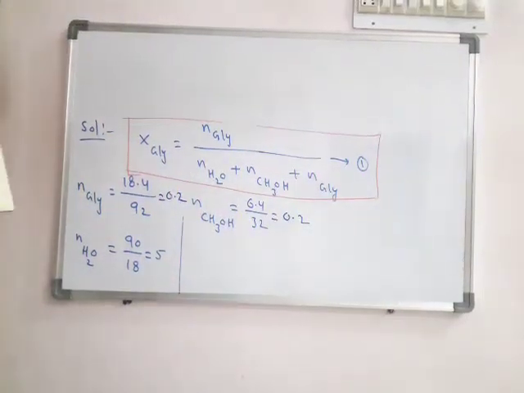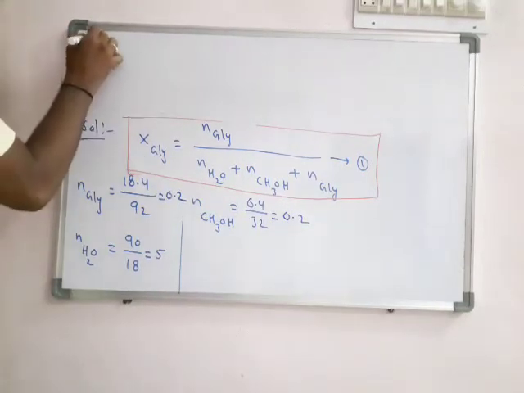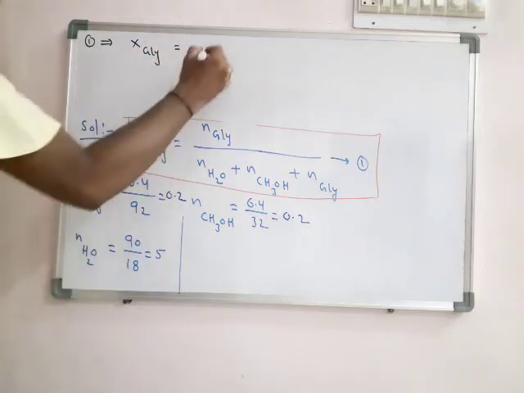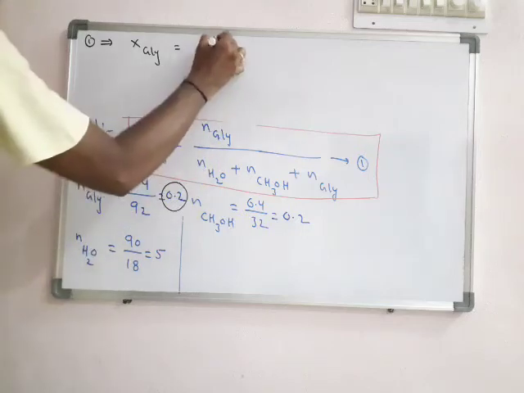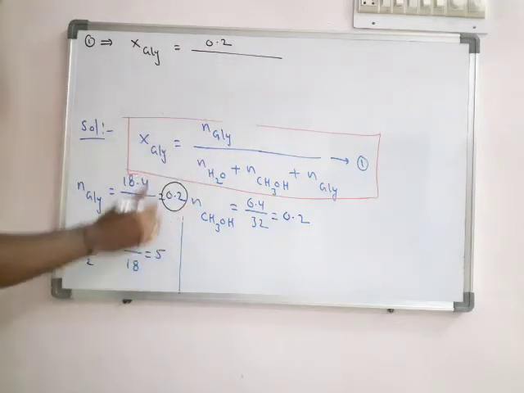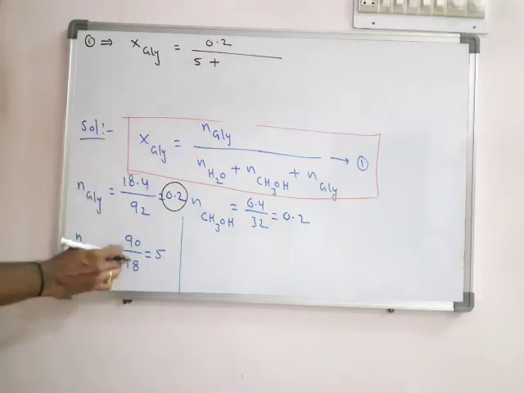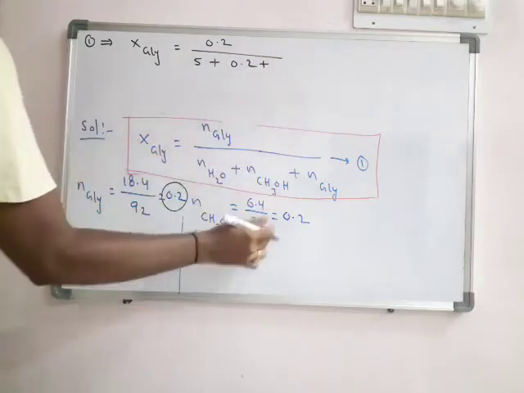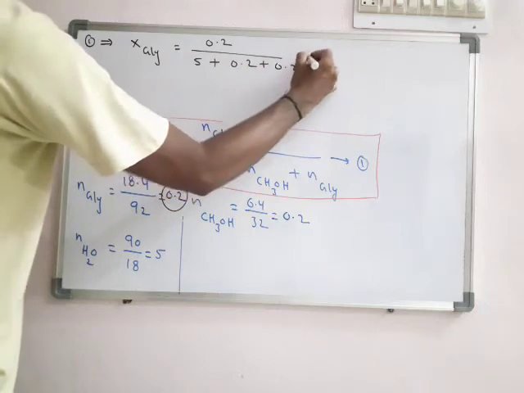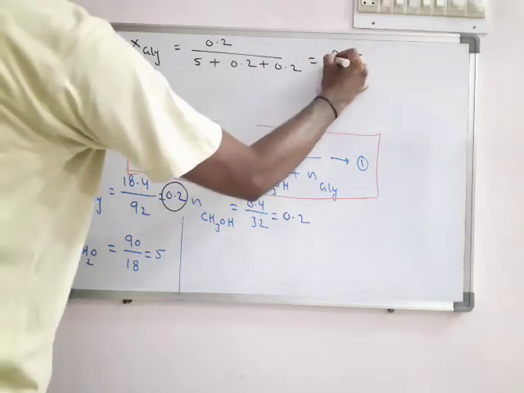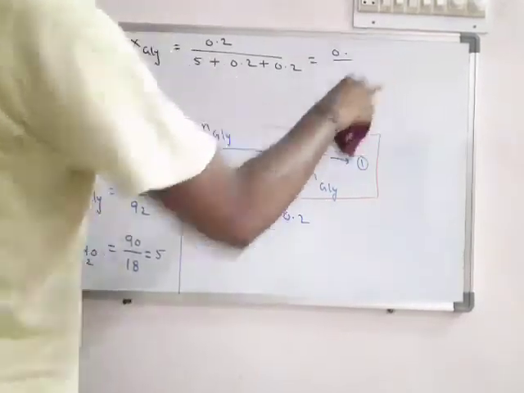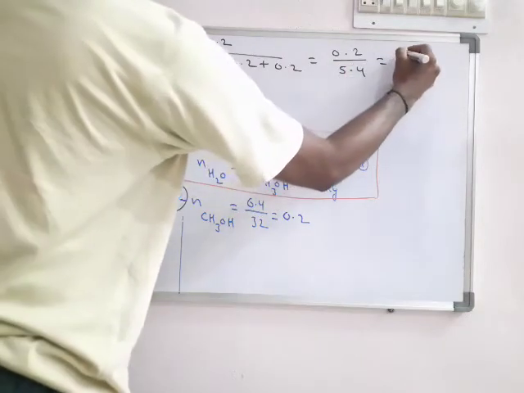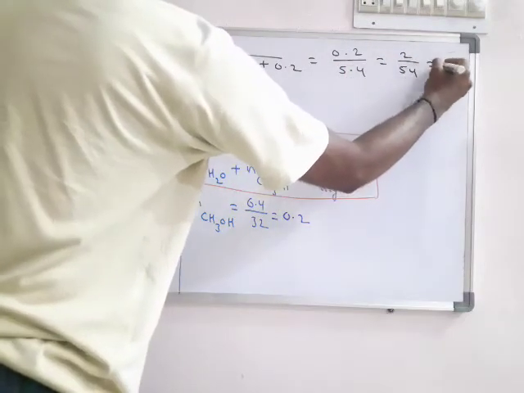Okay, now substitute the values. So according to equation 1, mole fraction of glycerol equals number of moles of glycerol, 0.2, by total number of moles: water, next methanol, next glycerol. So finally we will get 5.4 and 5.4.